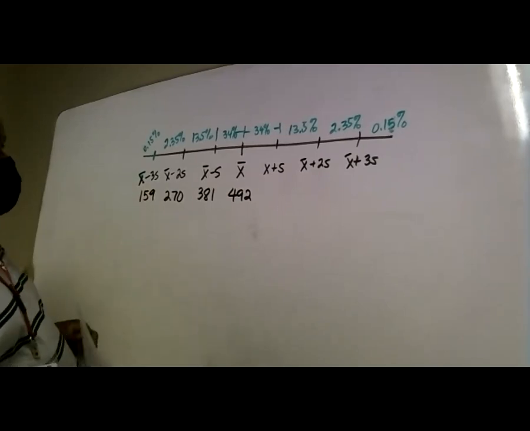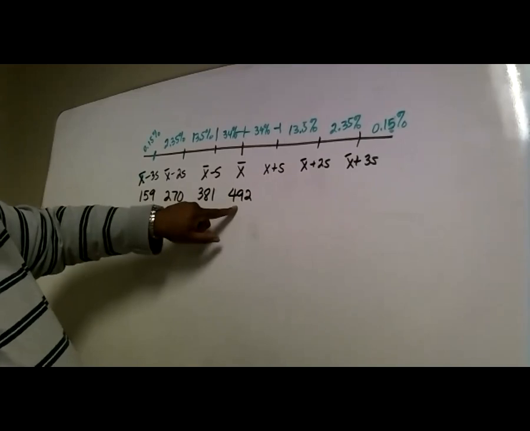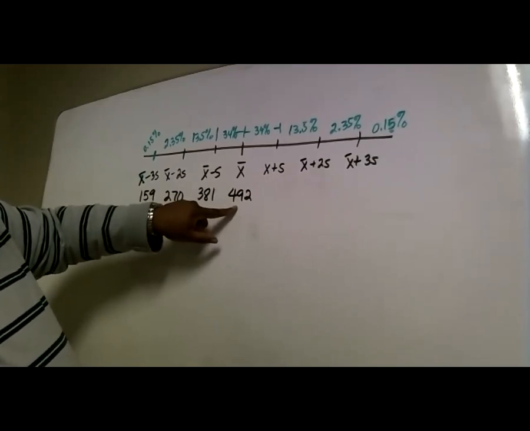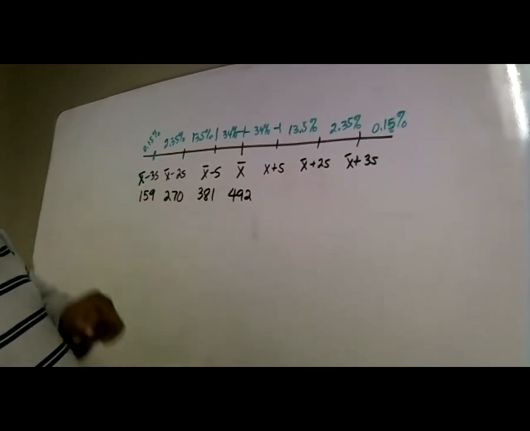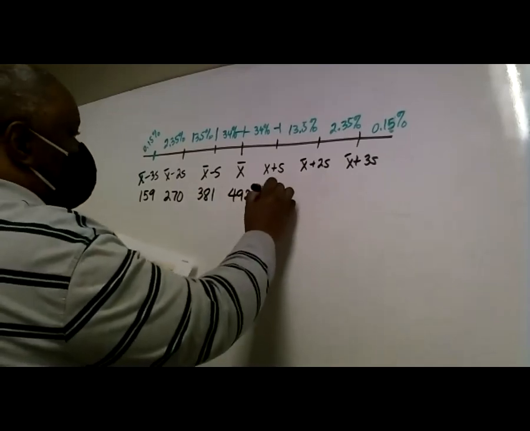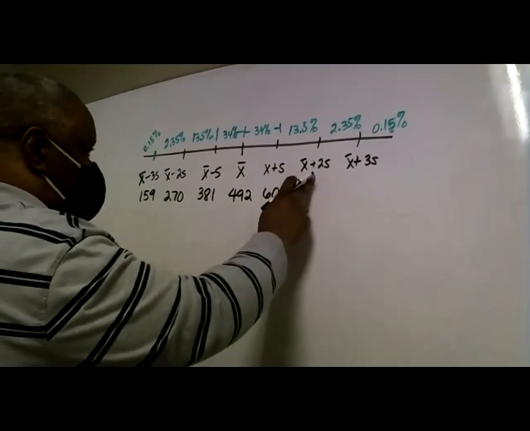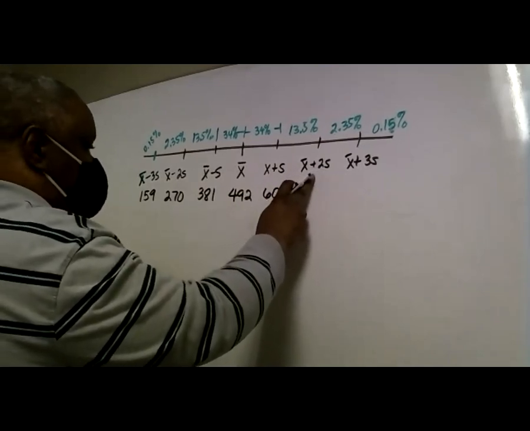Okay. Now let's look at the numbers to the right. One standard deviation above is 492 plus 111, which is 603. The next data value represents 2 standard deviations above the mean.